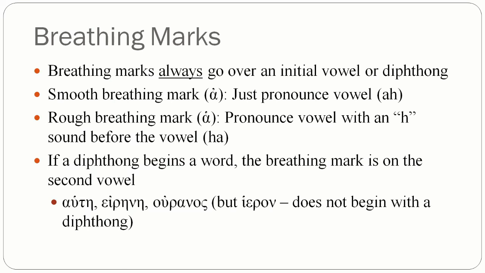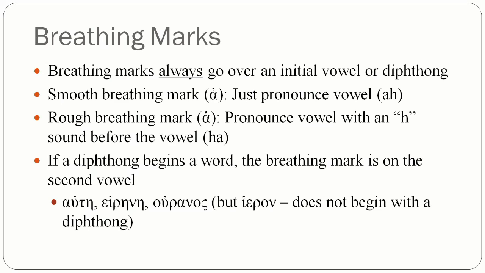There are two of these breathing marks called smooth and rough. The smooth breathing mark and the rough breathing mark. The first one is called the smooth breathing mark, and I have these both over an alpha. The breathing mark is that little mark that's over the alpha in the parentheses. If you notice, the smooth breathing mark is the one that opens, if this is like a mouth, to the left.